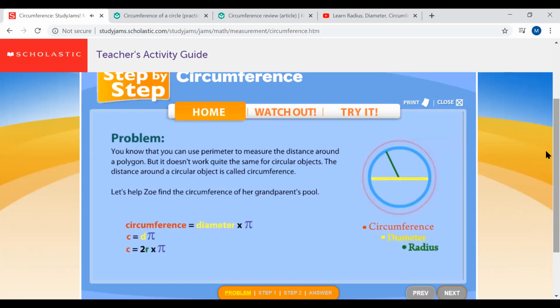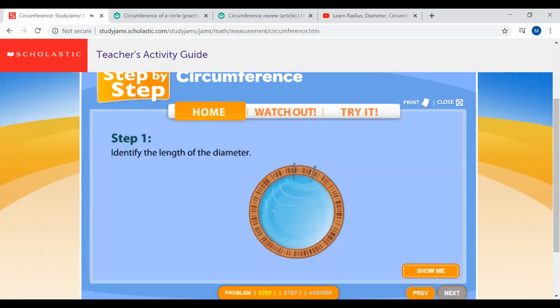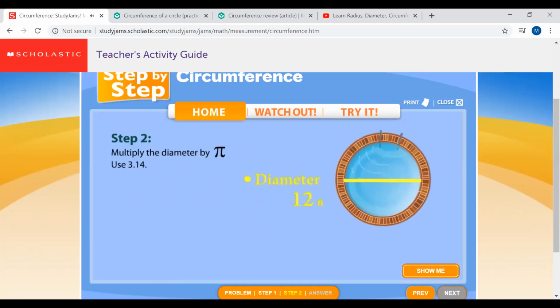Let's help Zoe find the circumference of her grandparents' pool. First, we have to identify the length of the diameter. The diameter of the pool is 12 feet. The next step is to multiply the diameter by pi.